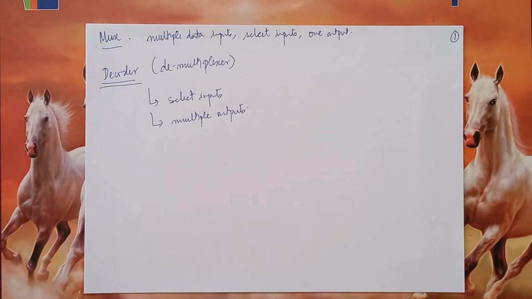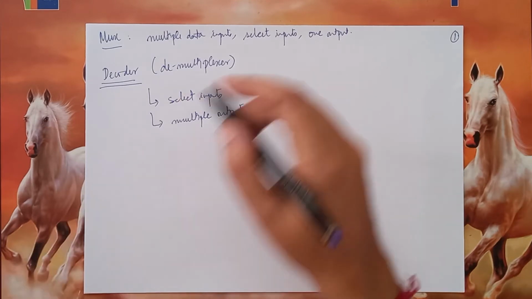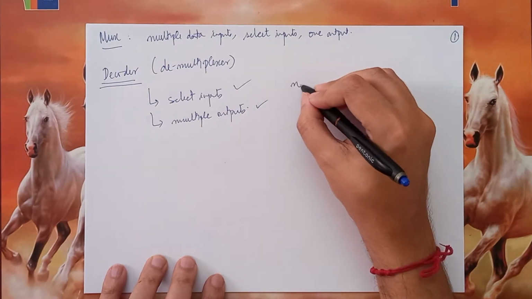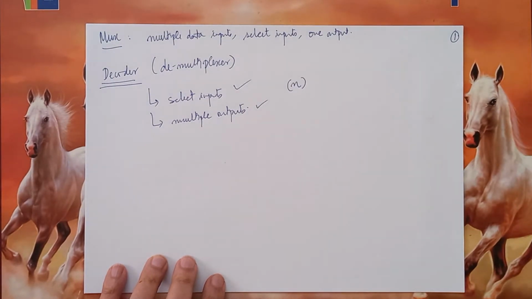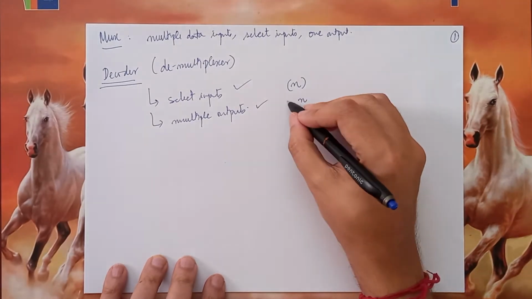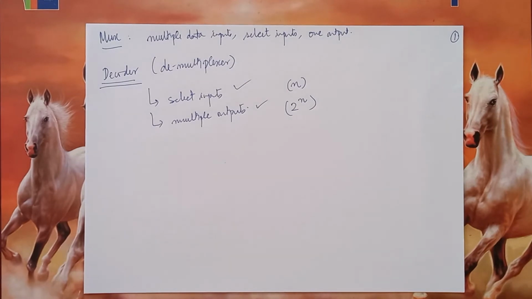There is no concept of a single input of a decoder, as you would expect if you were building something that was the literal opposite of a mux. So if there are n select inputs, then the number of outputs would be 2 raised to n, which is kind of like the data input and select input relation in the case of a mux.